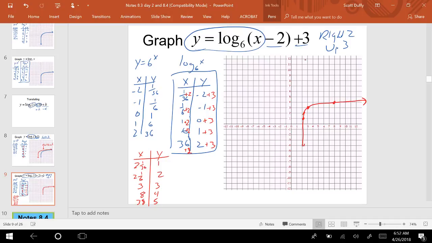And what you see is that my asymptote was originally the y-axis, but since we moved the whole graph over to the right 2, therefore my new asymptote is the vertical line x equals 2.